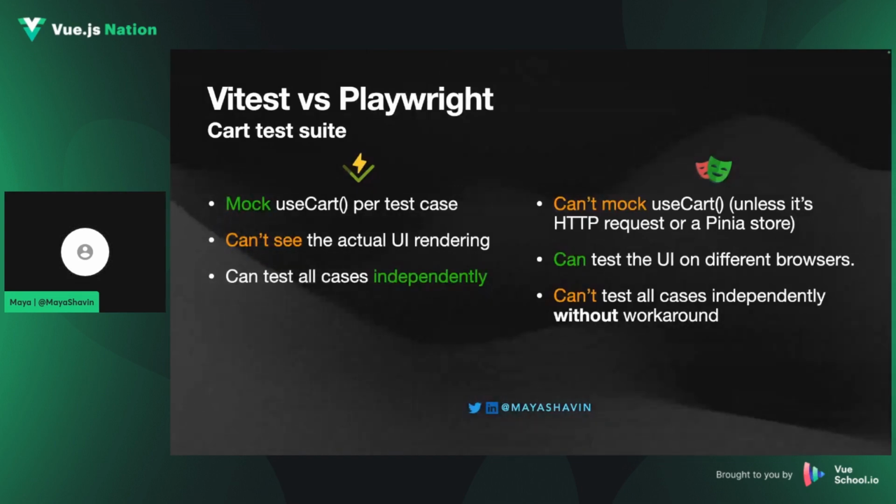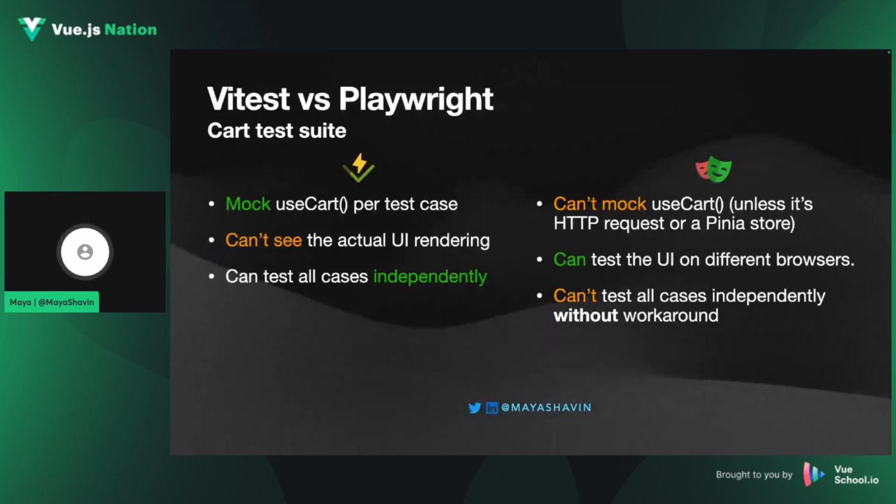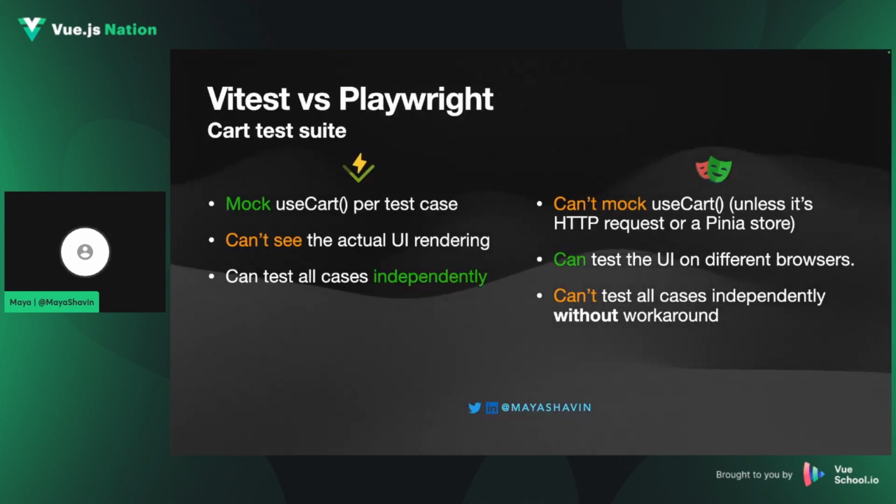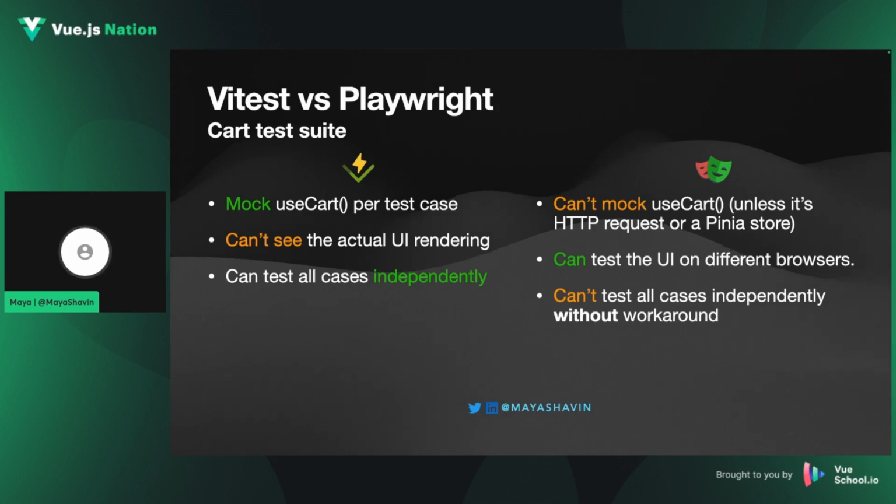And lastly, the biggest problem with component testing with Playwright is that we cannot test the card independently without a workaround. In such a case, we can only test the card fully if we put it together with, let's say, a piece of card, because the piece of card has a button that can trigger adding an item to the cart. So should we only test the card in unit tests, or should we not test the card on its own, with either Vitest or Playwright component testing, and just test it in an integration test with another component?